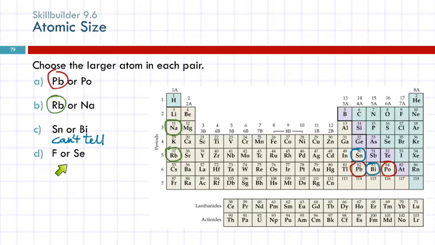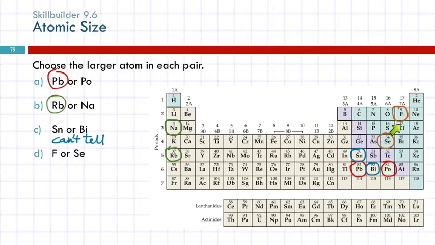How about fluorine or selenium? Well, let's see. Here's fluorine, and here's selenium. Again, we don't have a single column or a single row. But let's look at the trends, and maybe they'll reinforce each other. So fluorine is to the right of selenium.